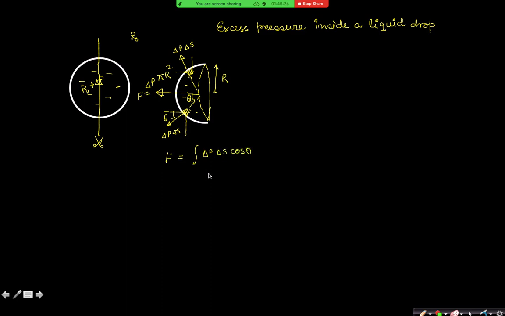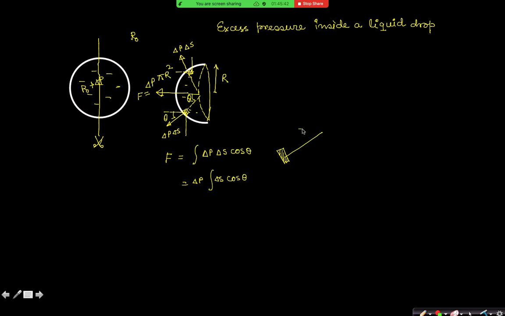Now delta P is constant, you can take it outside, but what is delta S cos theta? If you look at this diagram, yes, this is the delta S surface area on this surface.